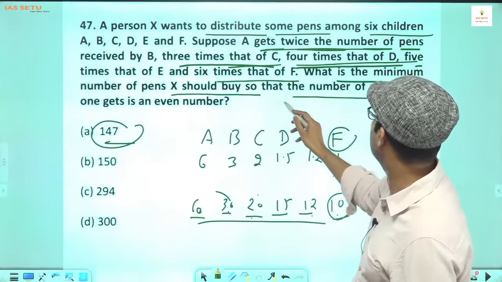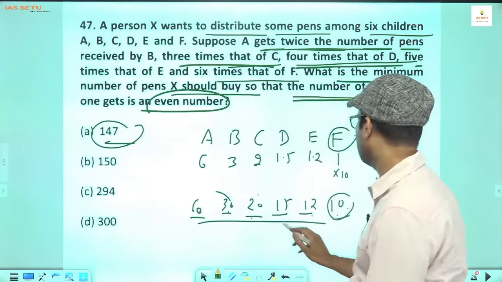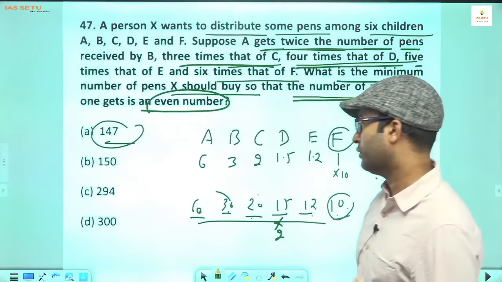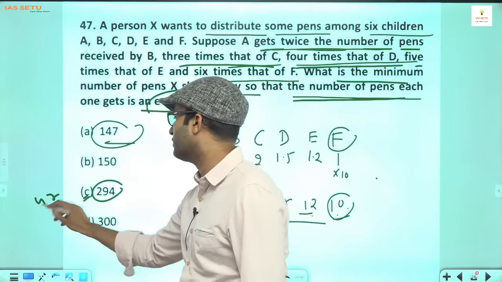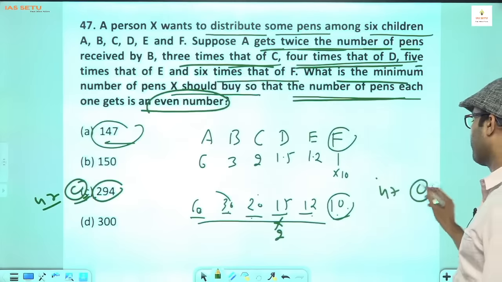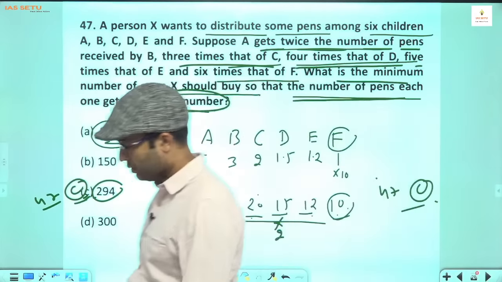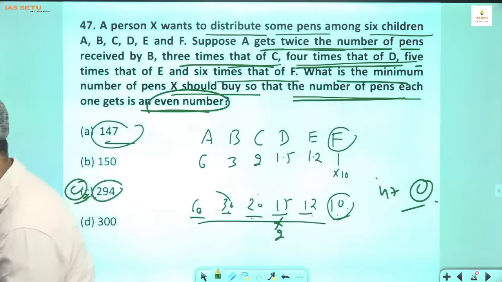What is the minimum number of pens? By that the E1 number, so this has to be doubled. Yes, so it will be 294. C is the answer. Question number 47, C is the answer. Yes, the 47 answer is C. Yes, E1 number of pens. Answer is C, 294. Thank you. Absolutely, the answer to 47 is 294. C is the answer.